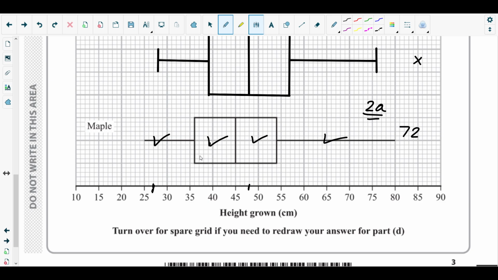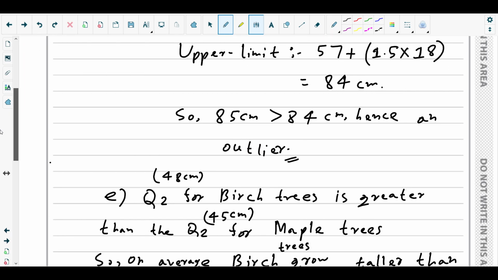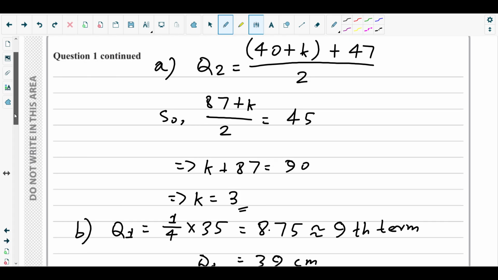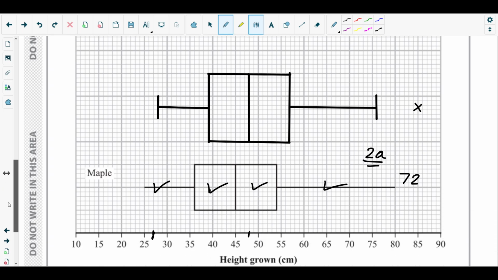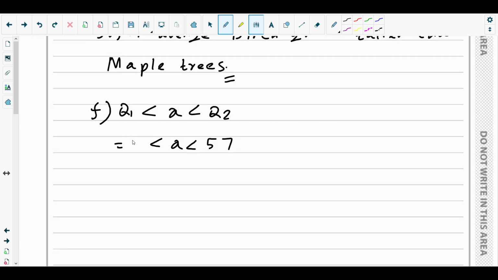sorry, 45. 39, it's for the birch trees. Okay, so Q1 here should be how much? Let's take the reading from the box plot. It is 36 and 45.